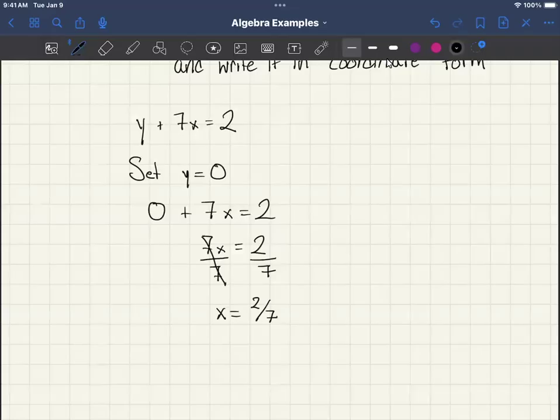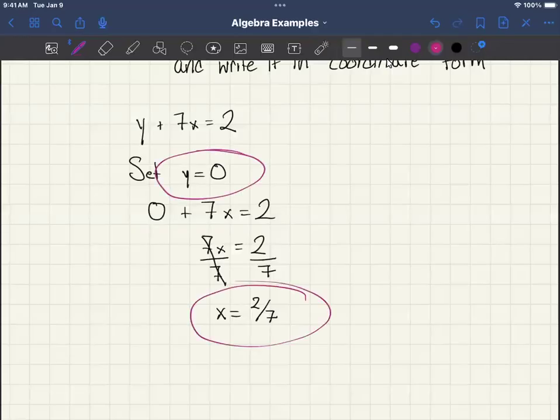All right, so we found out where it hits the x-axis. We have two pieces of information here. Notice we have our y is equal to 0 and we have an x is equal to 2/7. When we want a coordinate form as a solution, our coordinates are always going to be x comma y. And so we're going to need two pieces of information. The x value in this case, notice we can just go back and look at our list here.